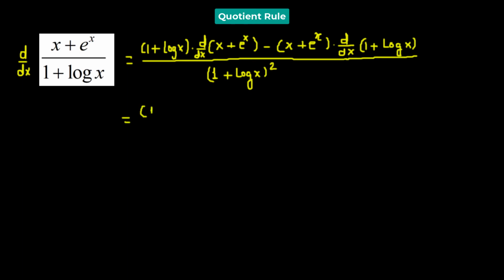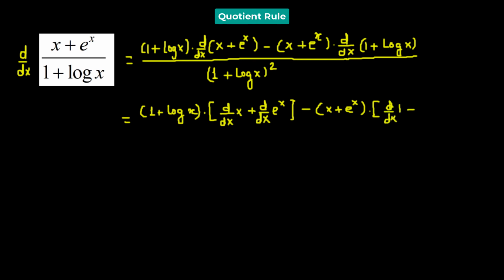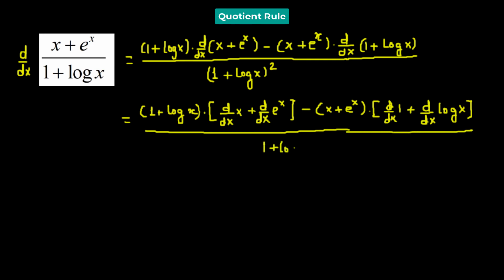whole divided by 1 plus log of x multiplied to the derivative of x plus the derivative of the exponential function, minus (x plus e raised to the power of x) times the derivative of 1 plus the derivative of the logarithmic function, whole divided by (1 plus log of x) whole squared, which will be equal to 1 plus log of x multiplied to the derivative of x, which is 1, plus the derivative of the exponential function, which is the function itself, minus (x plus e raised to the power of x).